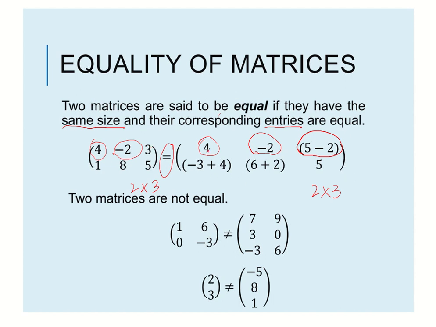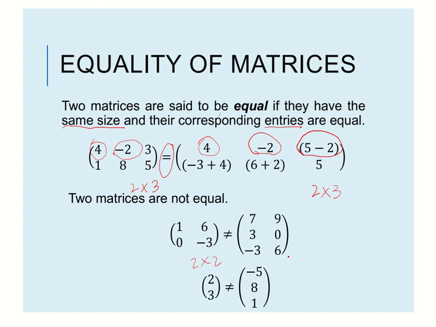And so on for all other entries of the two matrices, right? They must be equal. So let's see another example here. Now for the second example here, these two matrices are not equal. All right, why? First because the sizes are different. For the first matrix here, the size is 2 by 2.